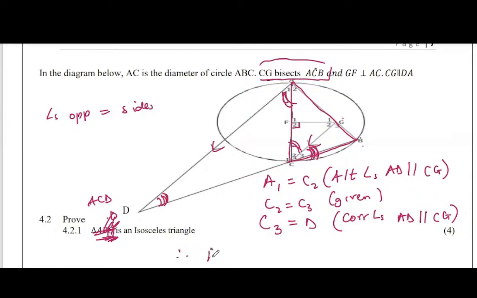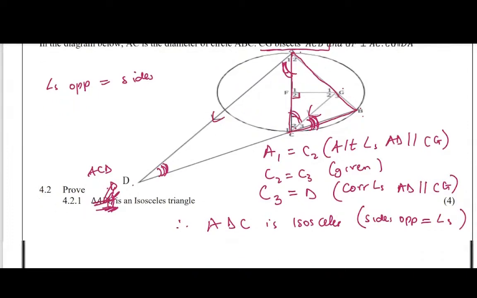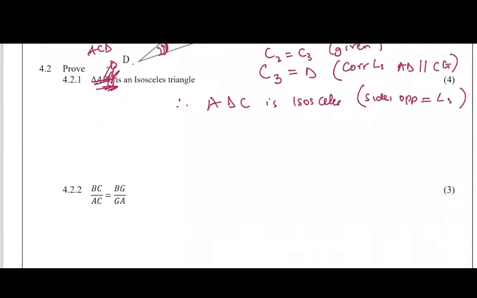Which means ABC, that is an isosceles, not the other way around. The reason is going to be the sides that are opposite equal angles. So the length AC is the same as the length CD. So that is 4.2.1.